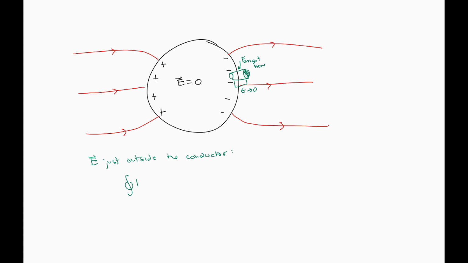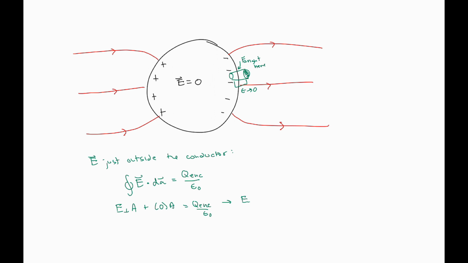Again, I could do this game where the electric field dotted with dA is equal to the enclosed charge within that little Gaussian surface over epsilon naught. The left-hand side is going to be the perpendicular component of the electric field times A, added to 0 times A for the inside, and 0 for the walls. So that gives me Q enclosed divided by epsilon naught.